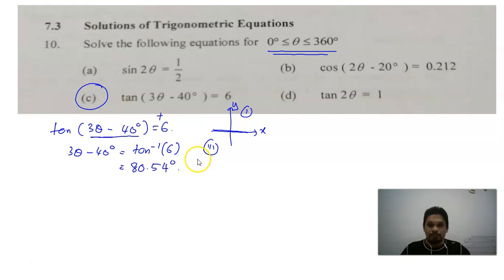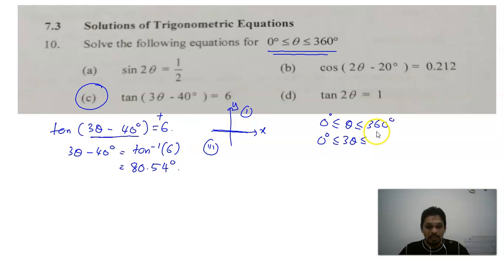Now, theta lies in between 0 and up to 360 degree. And then according to this one here, they come up with 3 theta. So 3 times 0 equal to 0.